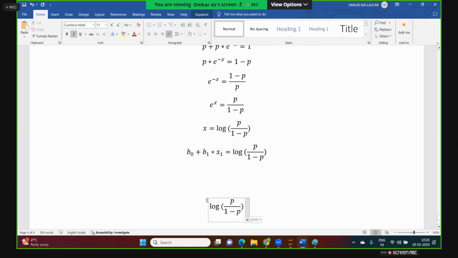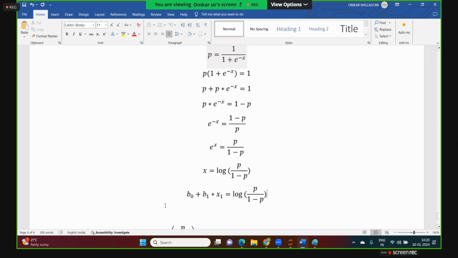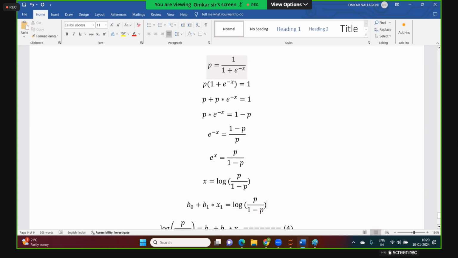Log of P by 1 minus P equals beta naught plus beta 1 x. This is equation number 4. It's an easy modification, nothing is there in that.